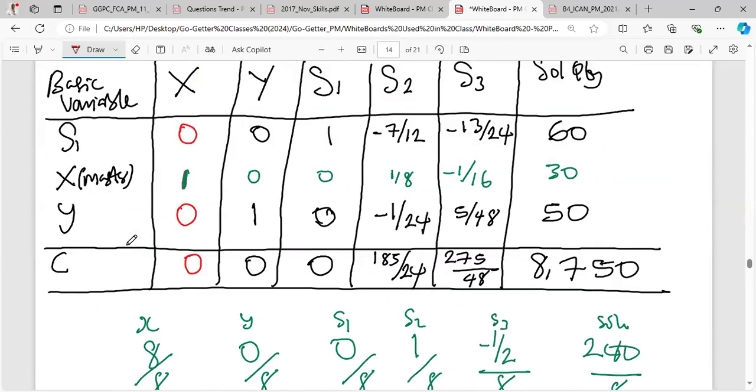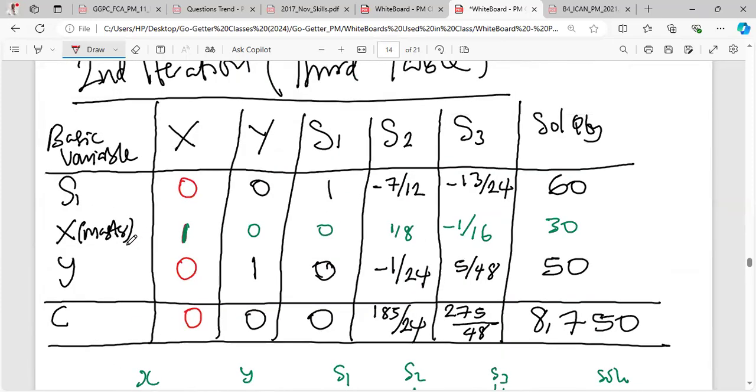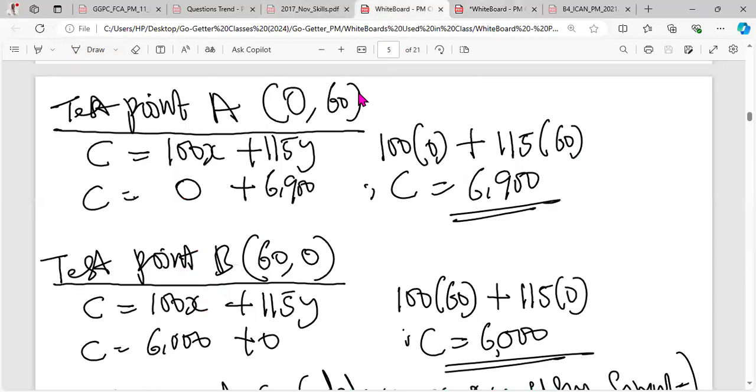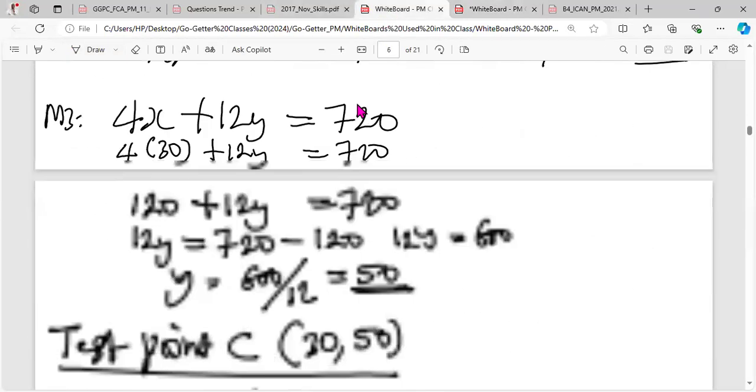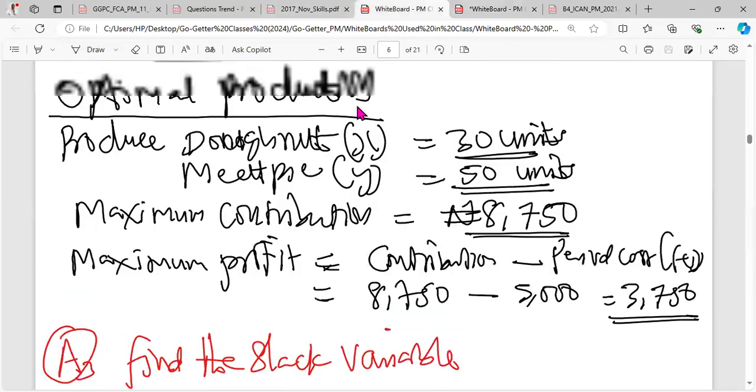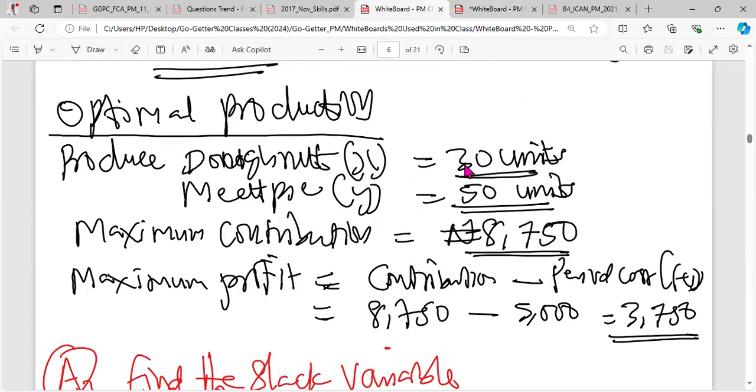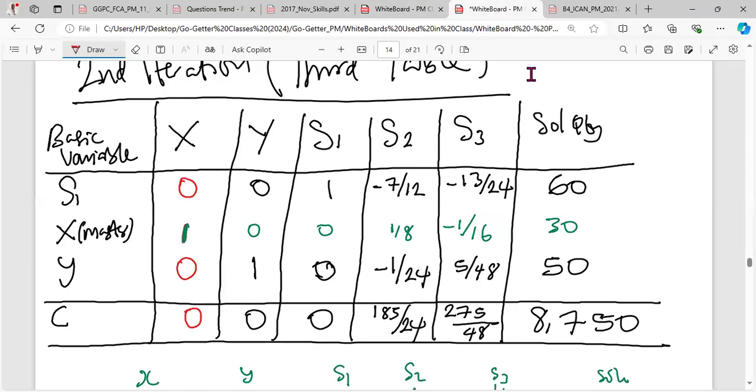Now let's interpret this table. Now I want us to look at a similar table which we did here when we get optimality. X is 30 and Y is 50.